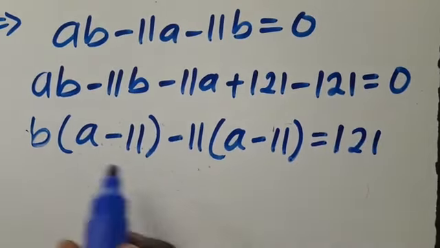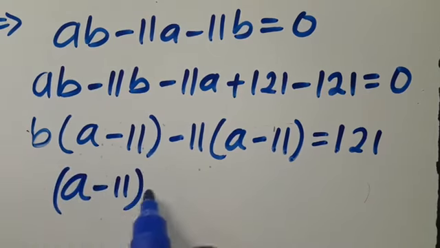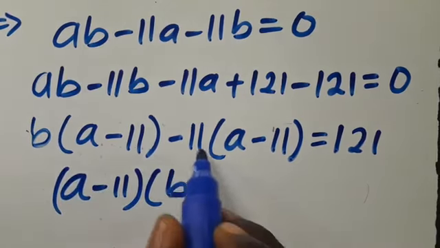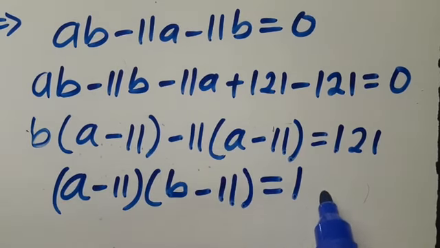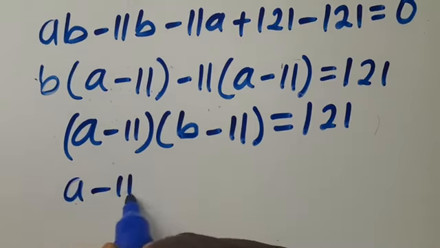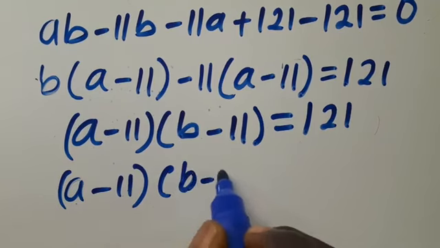So a minus 11 is common. We have a minus 11, then the whole of this divided by this, we have b minus 11, equals 121. So from here, we have a minus 11 multiplied by b minus 11 equals 121.